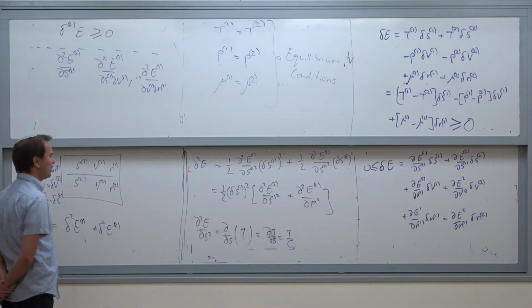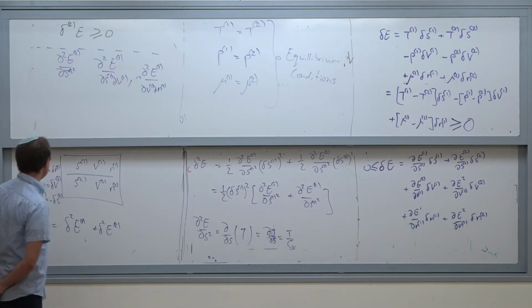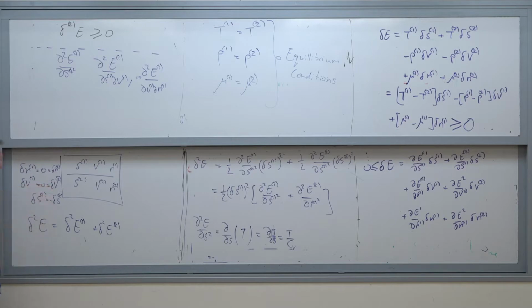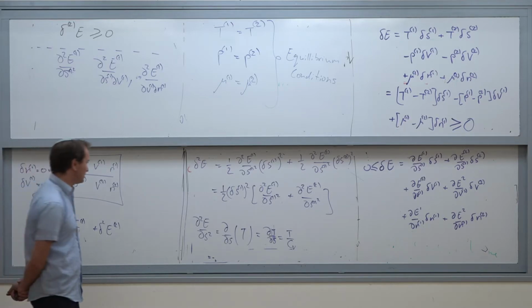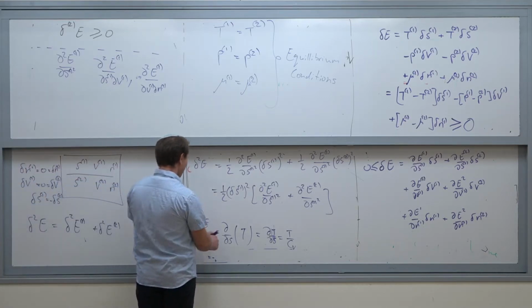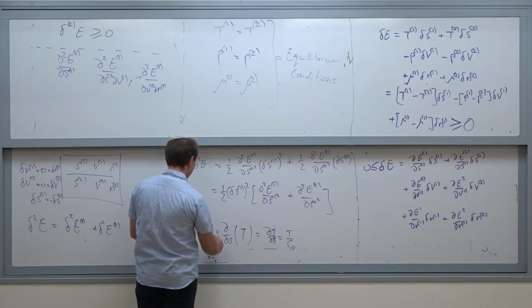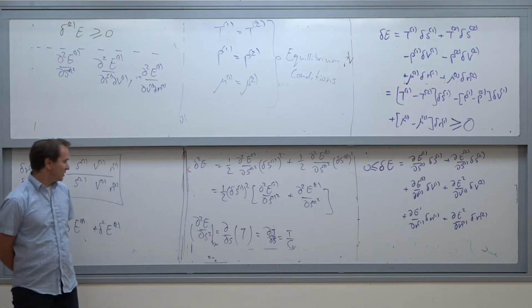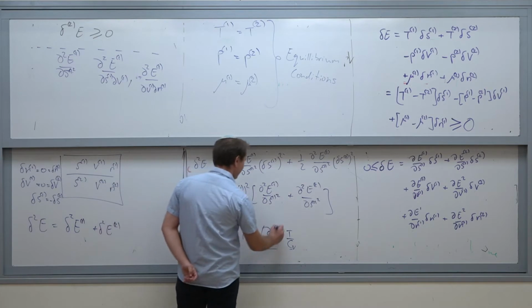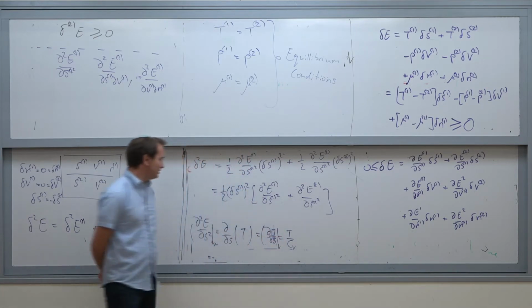We keep the volume constant in this system. Remember, delta V1 equals delta V2, the volume is constant. So it's dE over dS when V and N are constants, so it's dT over dS, and when V is constant, it's T divided by CV.